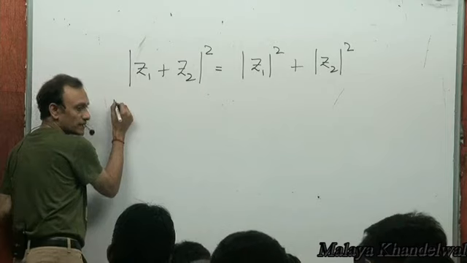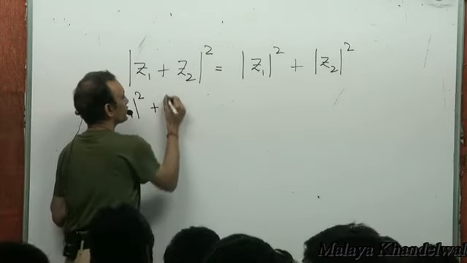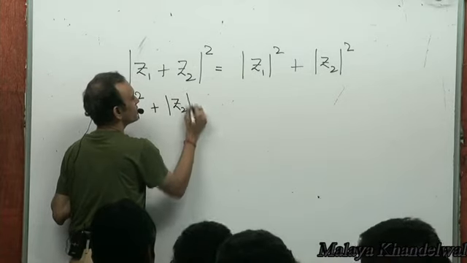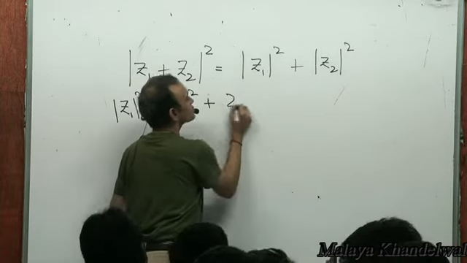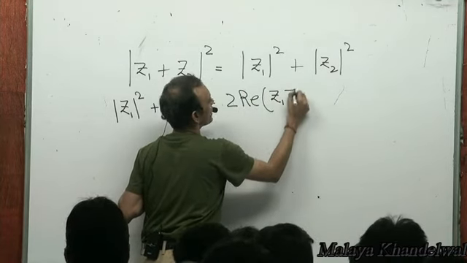So this left hand side, from the result that we just derived, could be written as mod z1 squared plus mod z2 squared plus twice real part of z1 z2 bar.